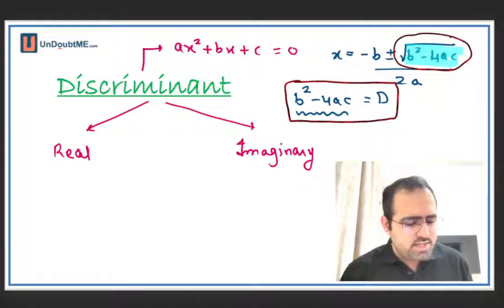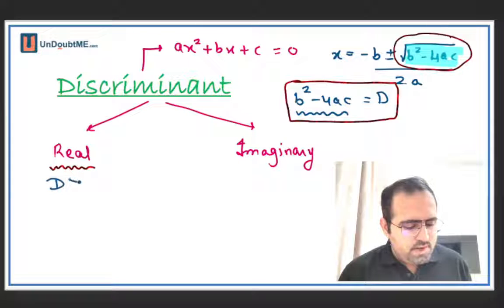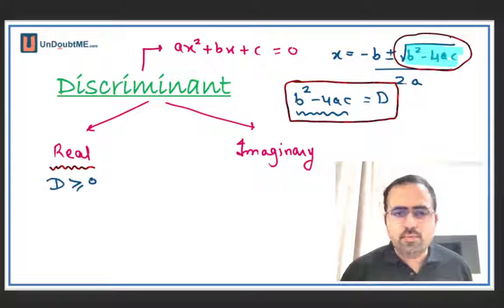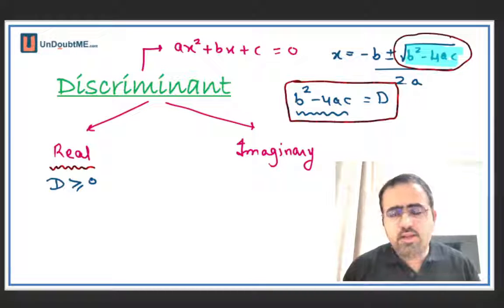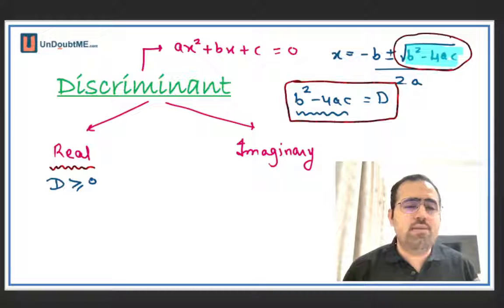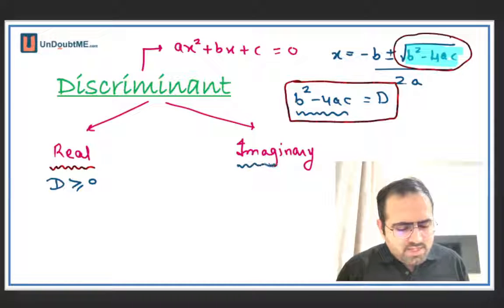Now coming to the conditions. If the roots are real, then d is greater than or equal to 0. In the real case, it can be either greater than 0, meaning the square root term is positive, or it can be equal to 0 also. And if the roots are imaginary, then the value of d will be negative.